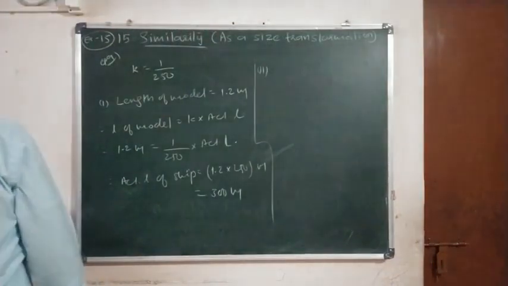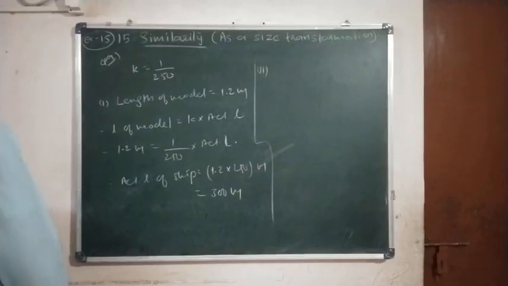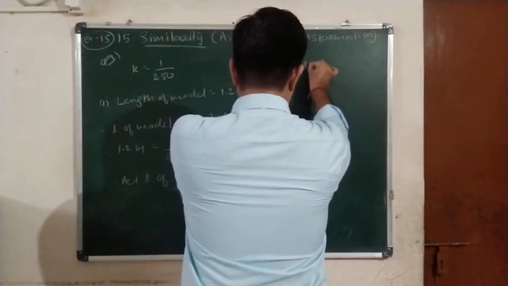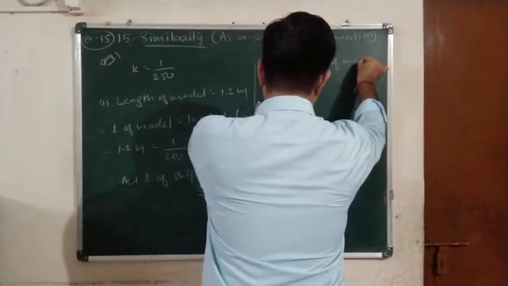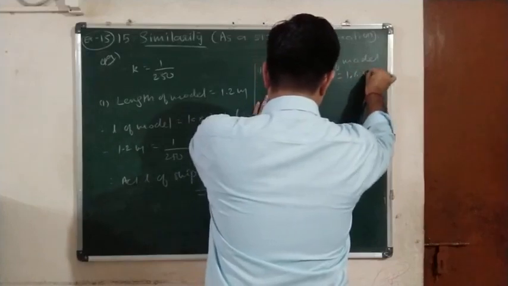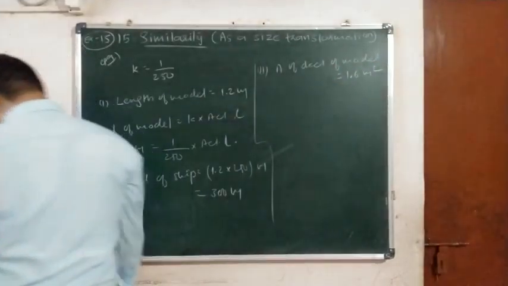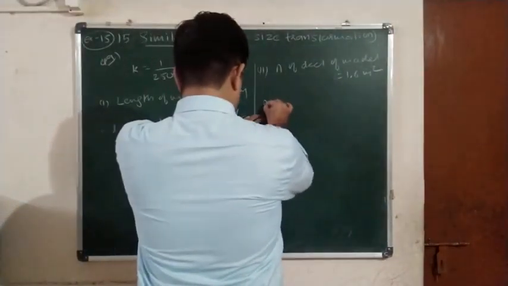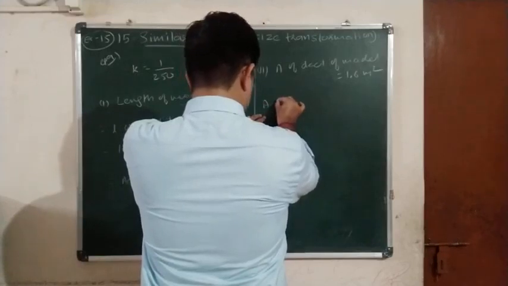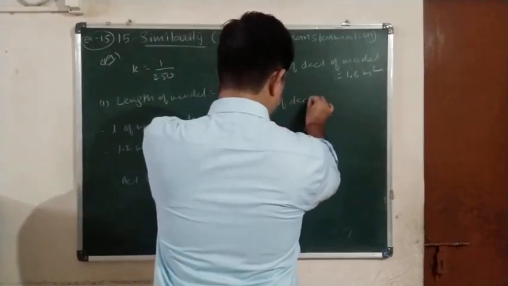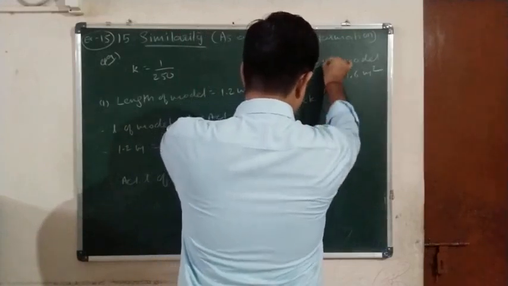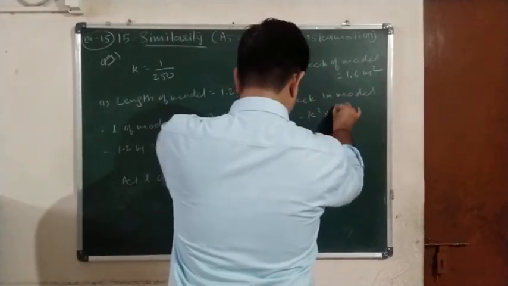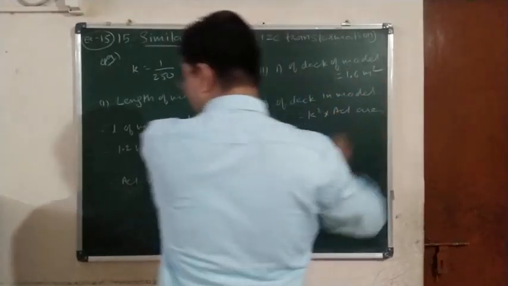Find the area of the deck of the ship, if the area of the deck of its model is 1.6 square meters. Area of deck in model is given 1.6 square meters. So put the formula: area of deck in model is equal to k square into actual area of deck.